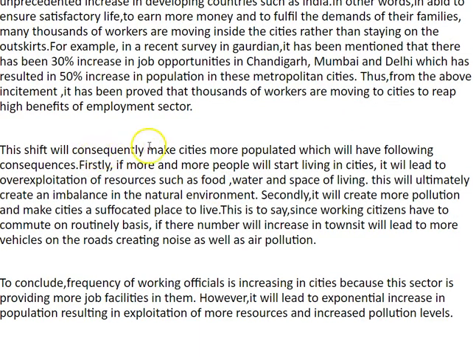This shift will consequently make cities more populated, which will have many consequences in the future. Okay.